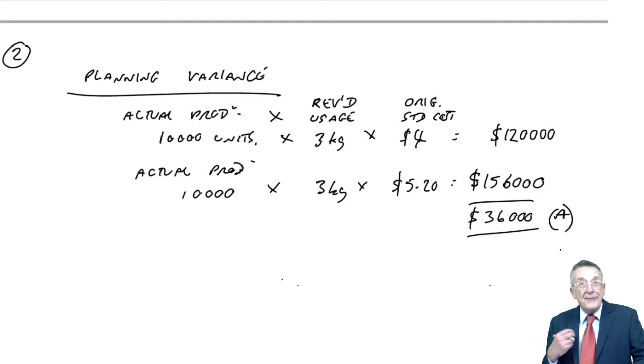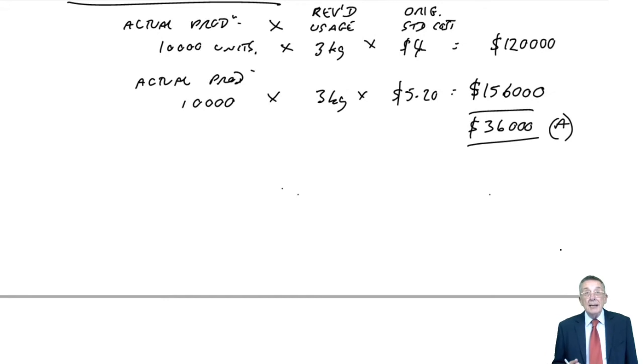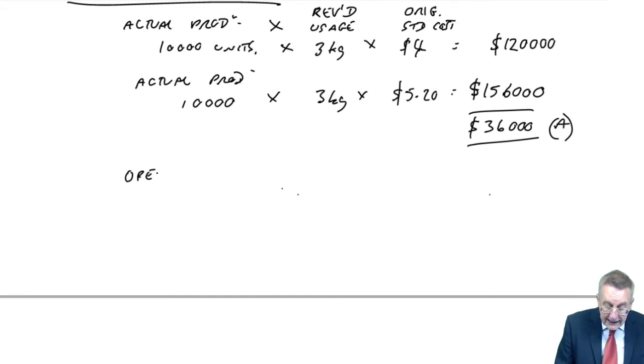Now we've revised the figure to $5.20, the operational variance we do in exactly the same way as always, as we did with basic variances.